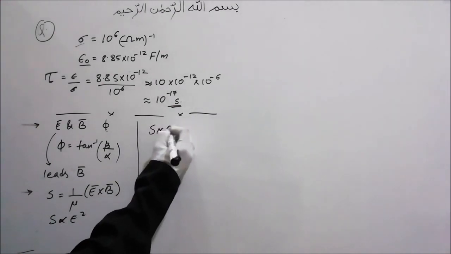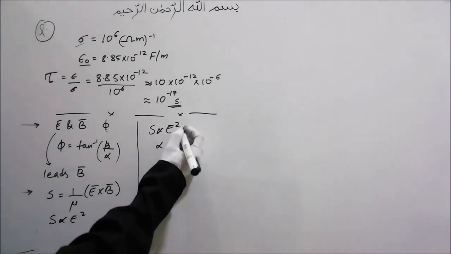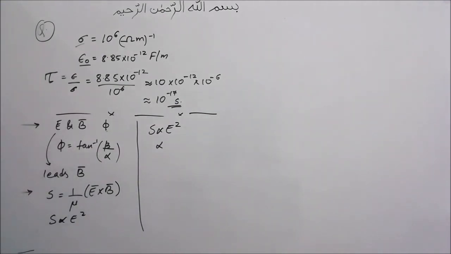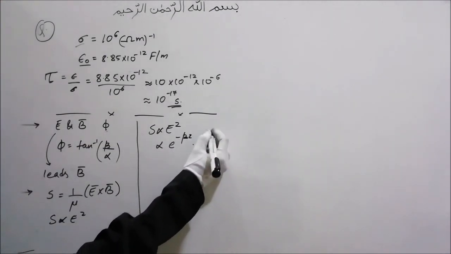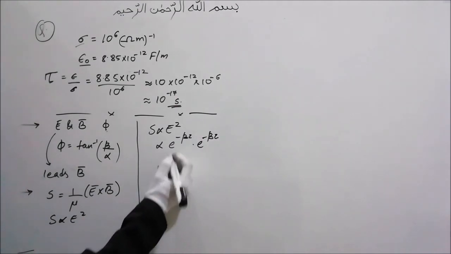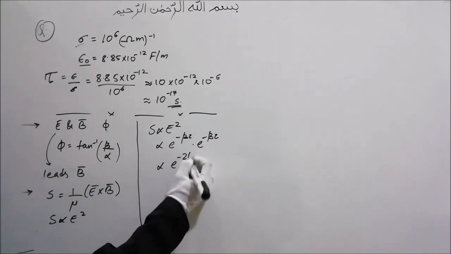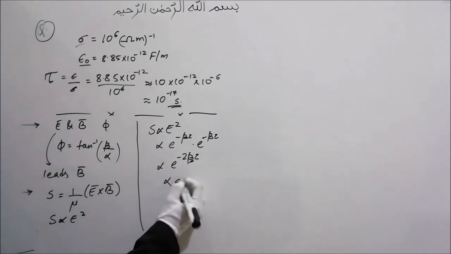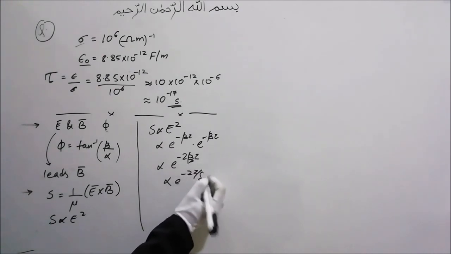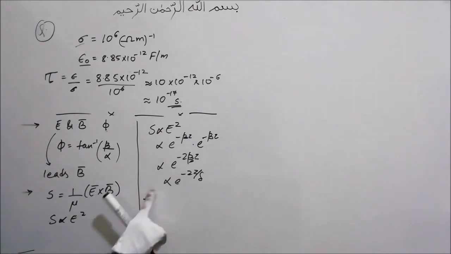So when S is proportional to E square, and we also know E is E naught e raised to minus beta z, that we just found, that will be e raised to minus beta z into e raised to minus beta z, which is e raised to minus 2 beta z. Beta is nothing but 1 by delta, so this will be e raised to minus 2z upon delta.